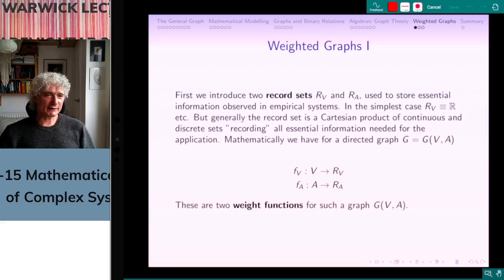Let's, for example, think of a contact graph in epidemiology. Every person is represented by exactly one vertex in this contact graph, and you would draw an edge between two persons if they potentially can infect each other.